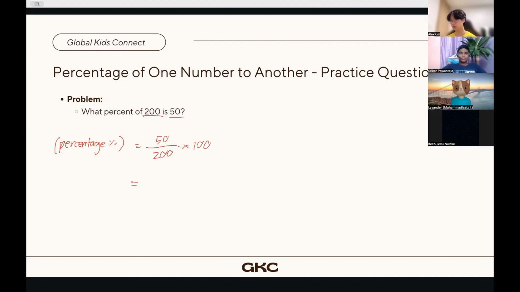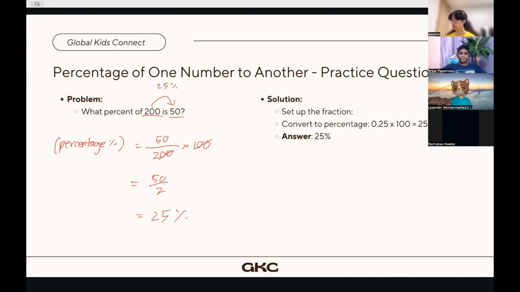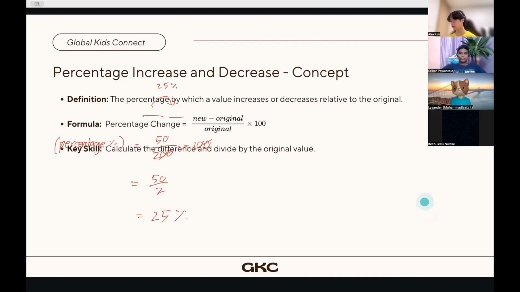And we can do this with either our calculator or just in your mind. We can divide each side by 100. So we get 50 over 2. And this one will equal 25%. And so we can say that 25% of 200 is 50. And as always, the solution, like I explained.